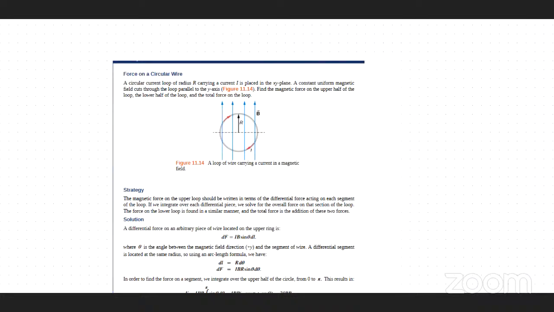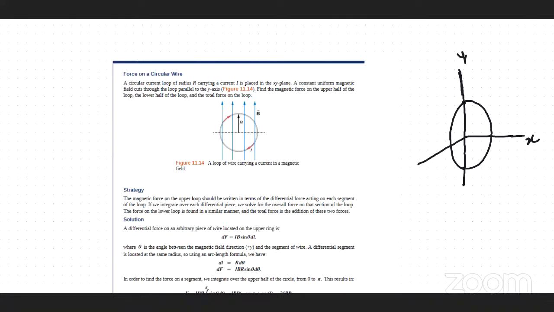So maybe it is in the XY plane, which means if you treat this as X and this as Y, then it is on this plane, XY. So Z is perpendicular to it.